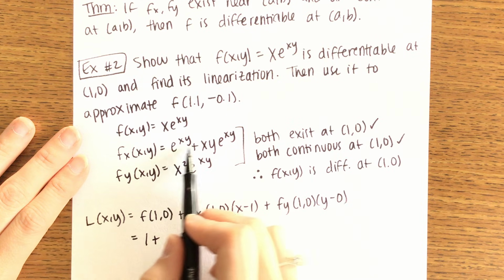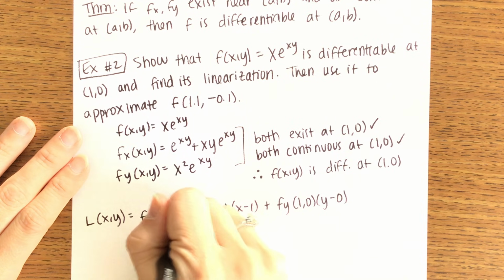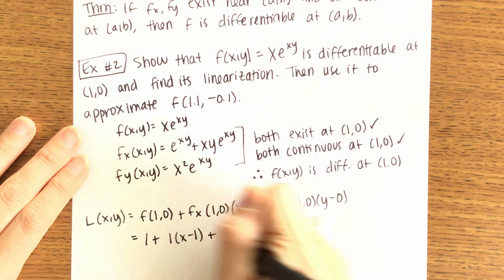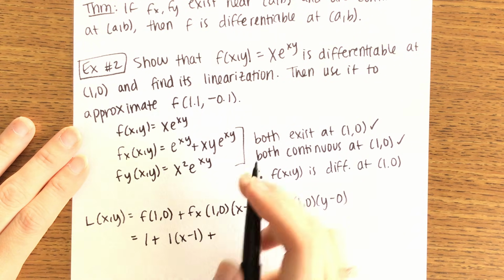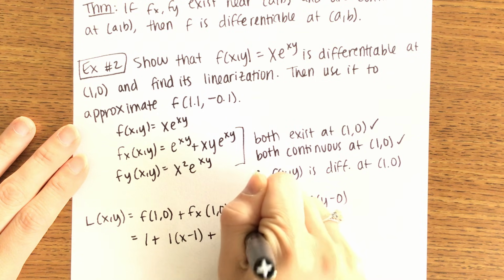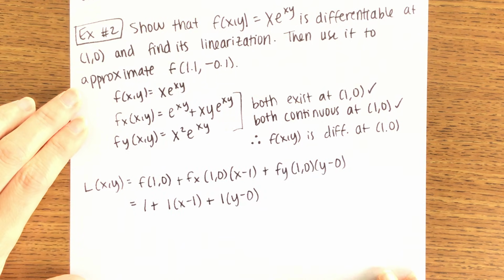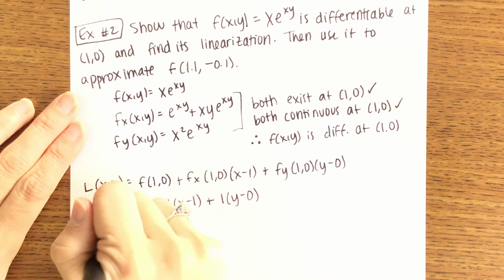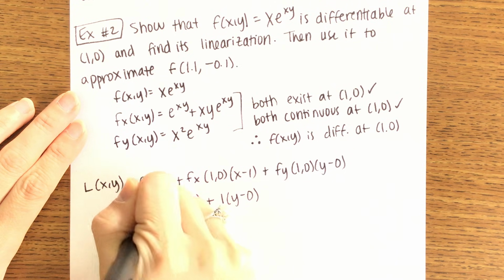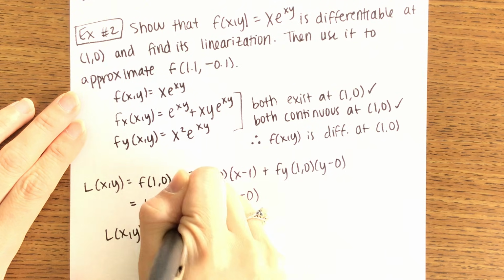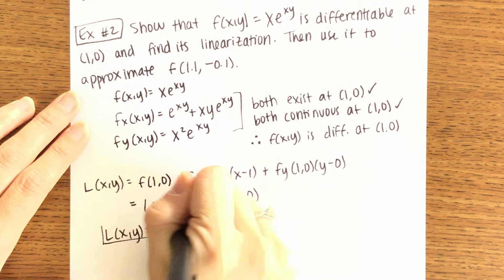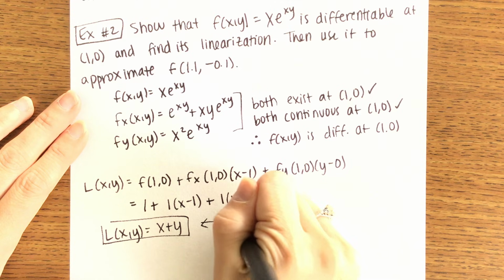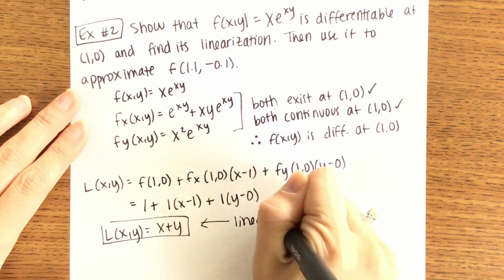If you plug 1, 0 in here, you're also going to get a 1. If you plug 1, 0 into the first partial with respect to y, you're still going to get a 1. So our L of x,y then is x plus y. This is the linearization.